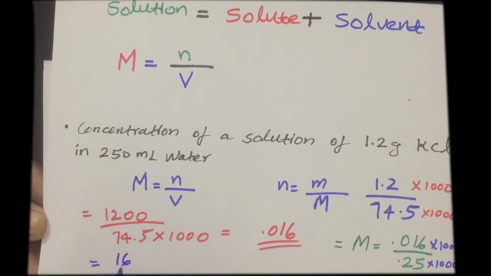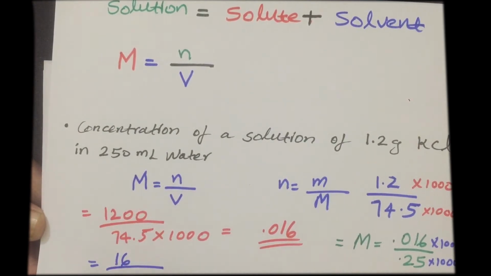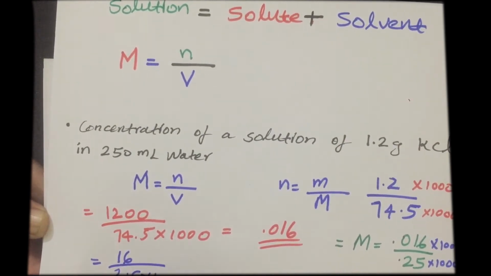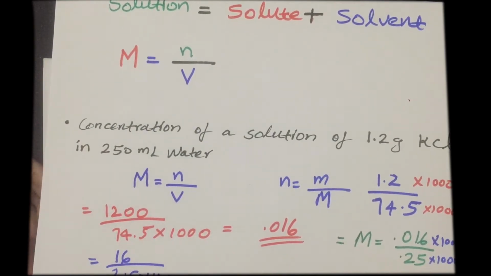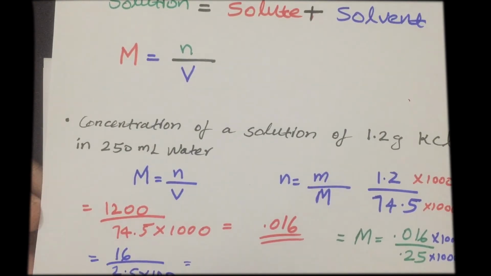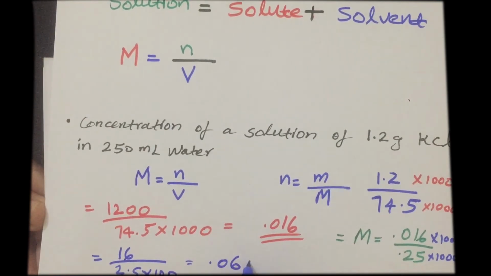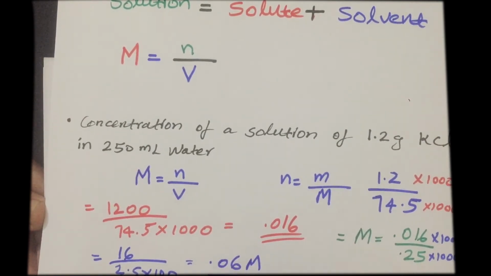So it will become 16 divided by 2.5 into 100. 16 by 2.5 is approximately 6. 6 by 100 is 0.06. So the answer will be approximately 0.06 molar.